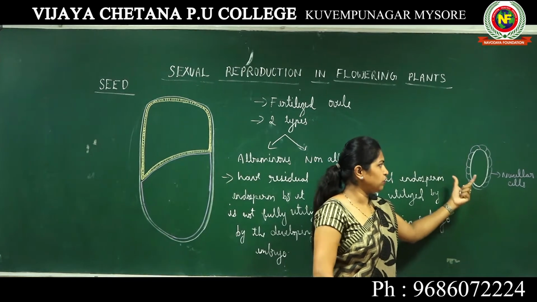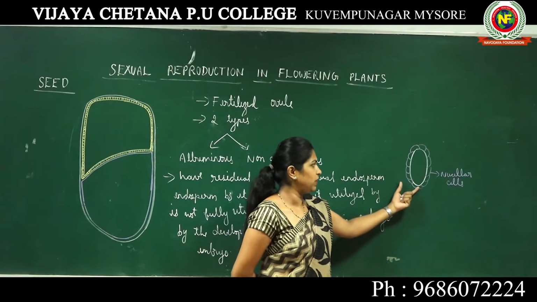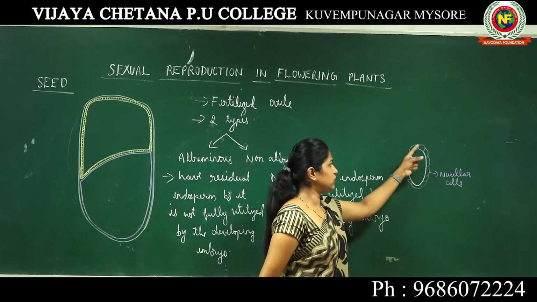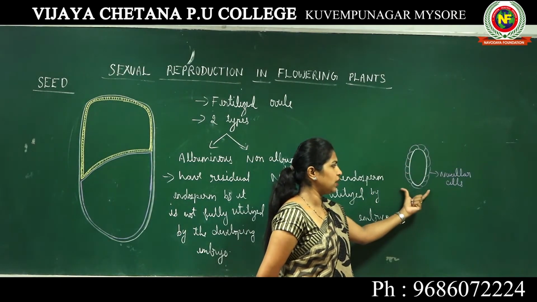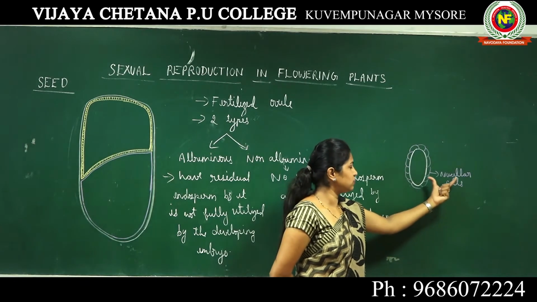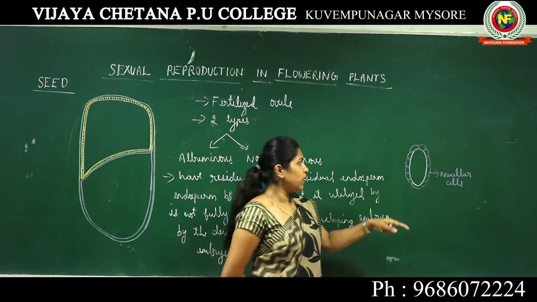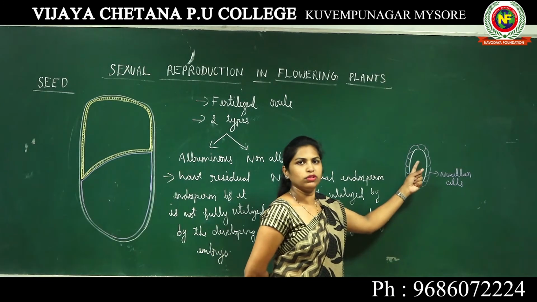While explaining the formation of embryo sac, I explained that one of the cells which is present towards the micropylar end in the nucellus tissue gets converted into a megaspore mother cell and they ultimately develop into this embryo sac.